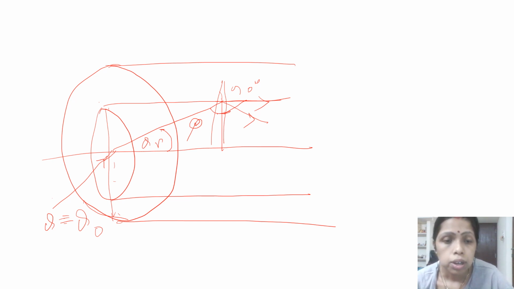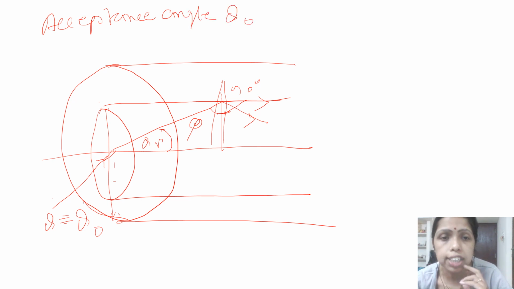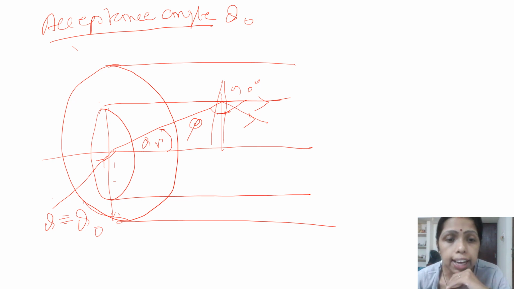Now come to the acceptance angle, theta naught. What is the acceptance angle? It is the minimum accepting angle, or minimum incident angle, to create total internal reflection inside the fiber, or to create the critical angle. How the light is incident at the face of the fiber changes things, because this is eta naught, this is eta 1 and this is eta 2.